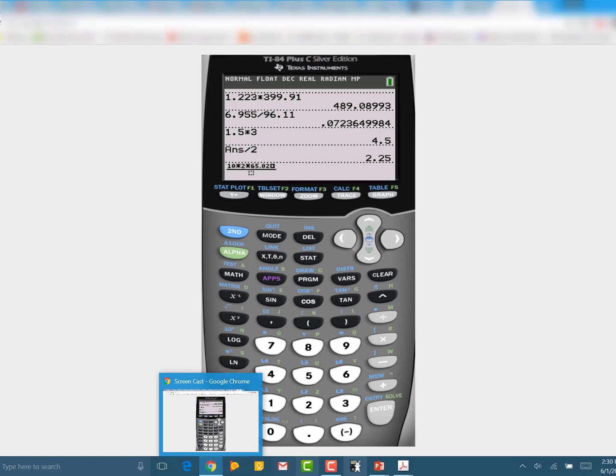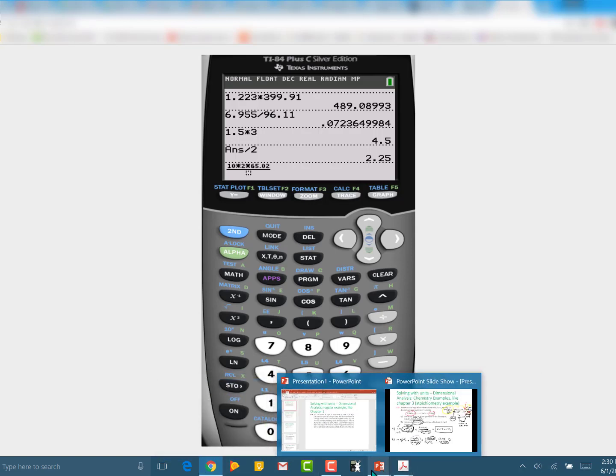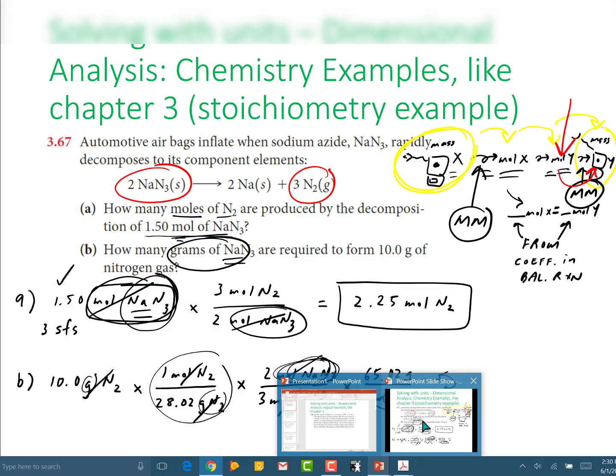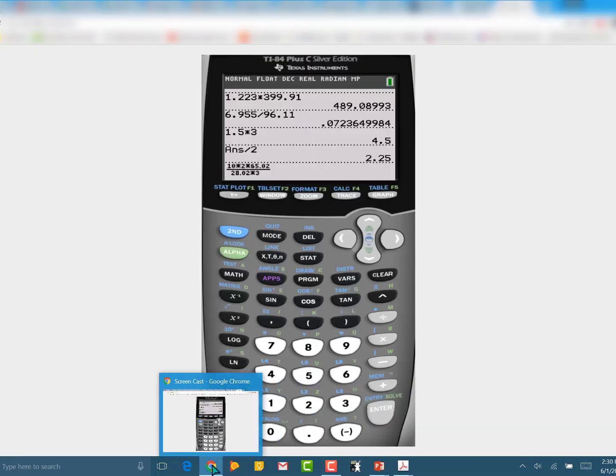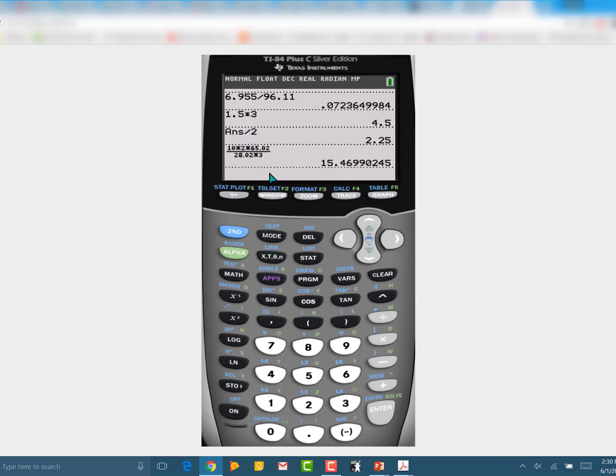And then on the bottom, I'm trying to remember the problem here, I had 28.02 times 3 on the bottom. So let's go back to my calculator. It should look like this. Okay, and then I hit enter, and then I get my answer.